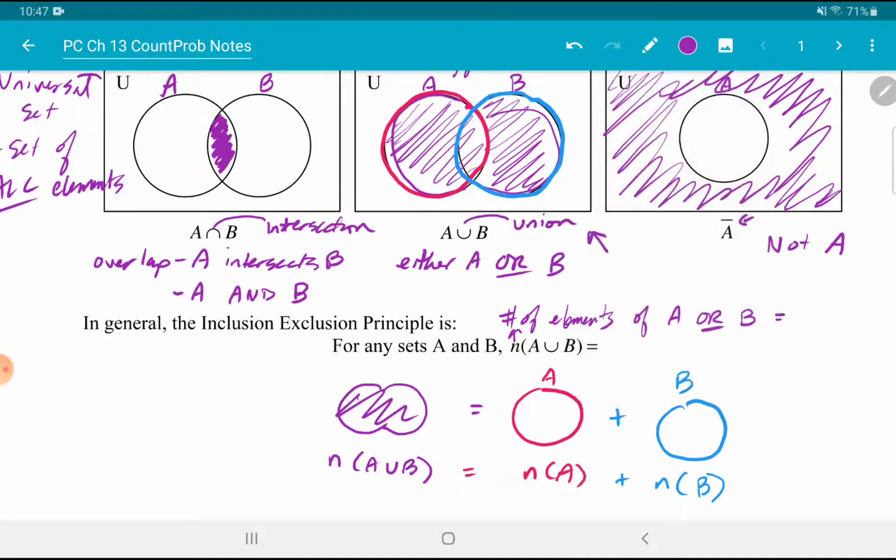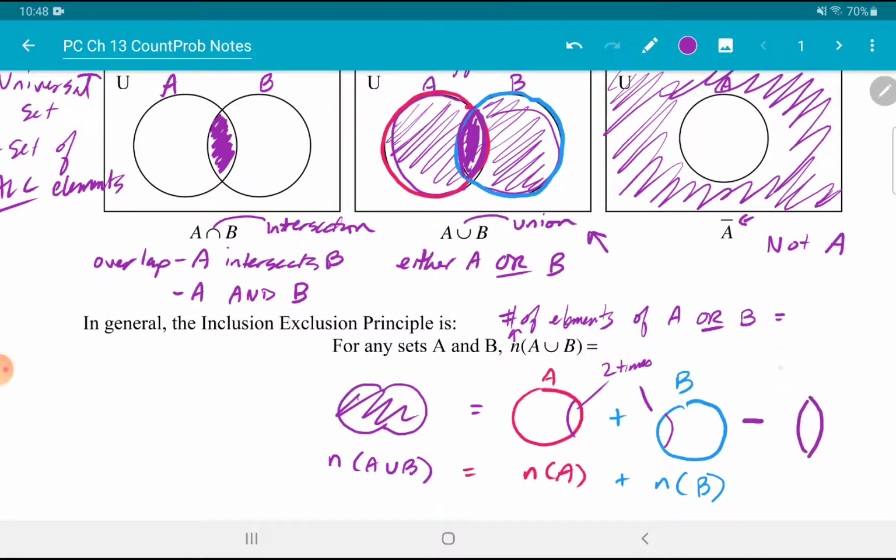You almost created this overlap, right? You added this section of A, and then you added it again for this section of B. So because you have accounted for this area twice, we need to make sure we take out one of those sections.